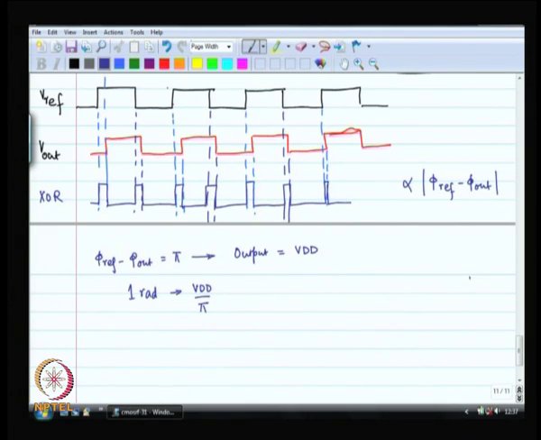But of course, the characteristics of the phase detector is like this. Okay. So, this is what an XOR operation will do.